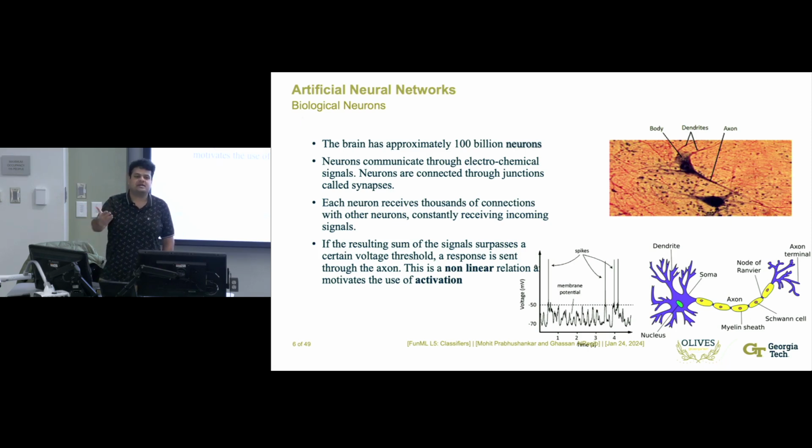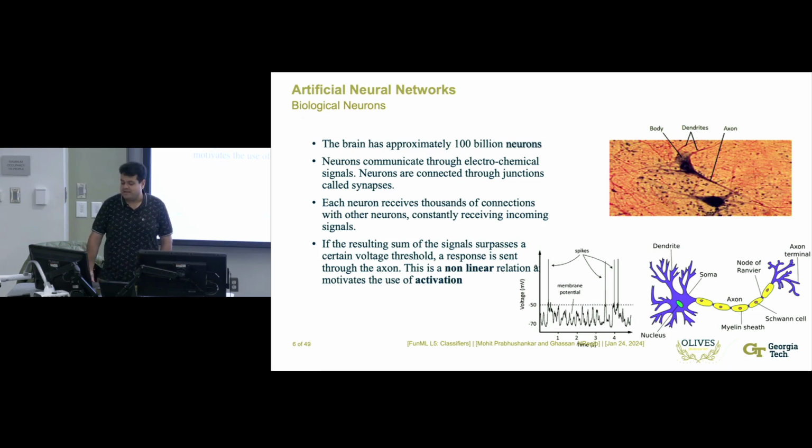You have signals coming in from the outside world onto your eyes, and these are the incoming signals. When you get the signals, there's going to be some kind of computation within the human visual system, and that computation is then transmitted to the brain. That happens by these non-linear relationships that exist within the neurons themselves.